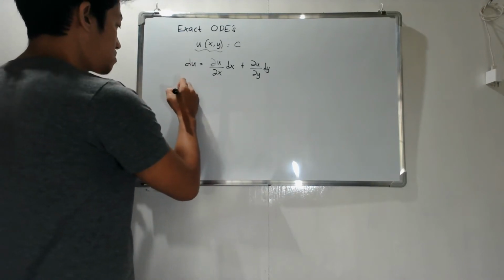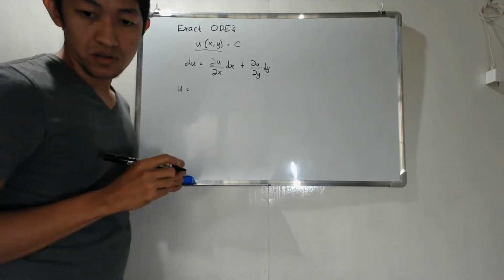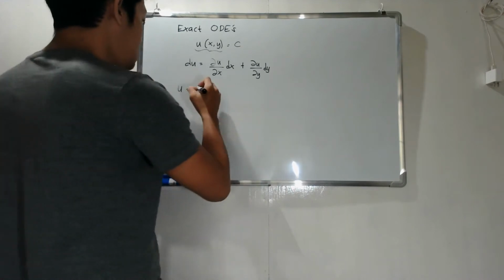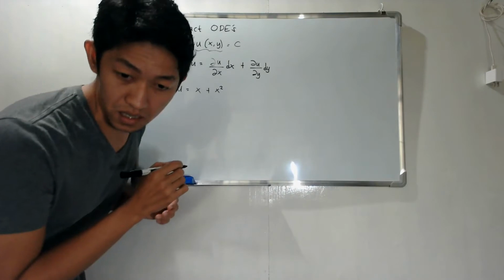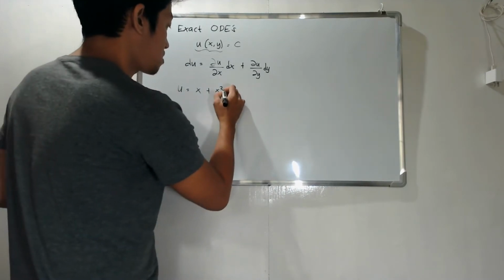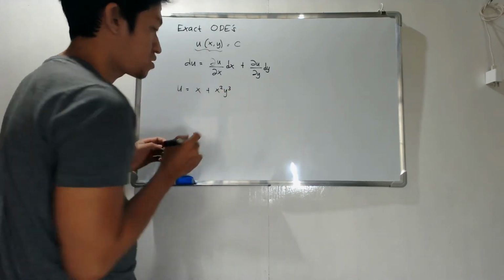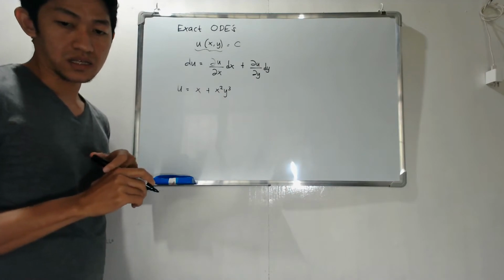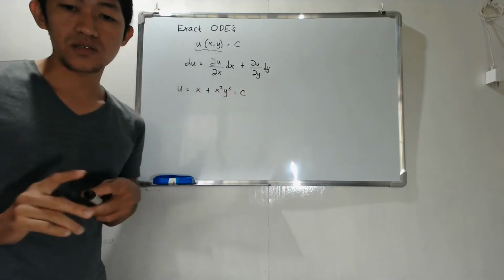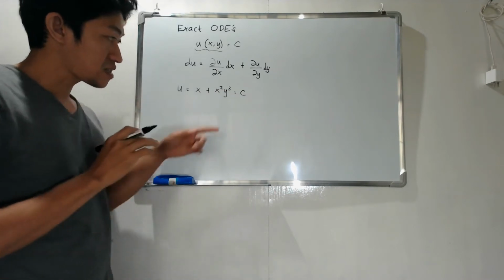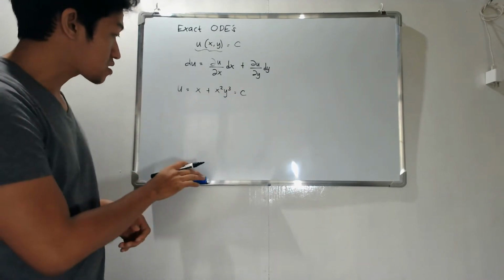Okay, you have u is equal to x plus x squared y cubed, and then this is just equal to a certain constant. Constant meaning it can be any number that is constant.